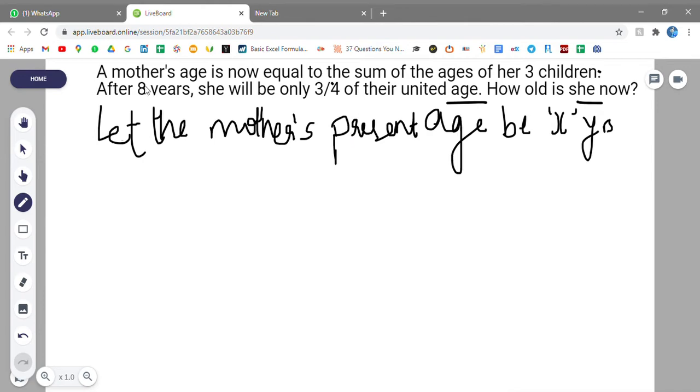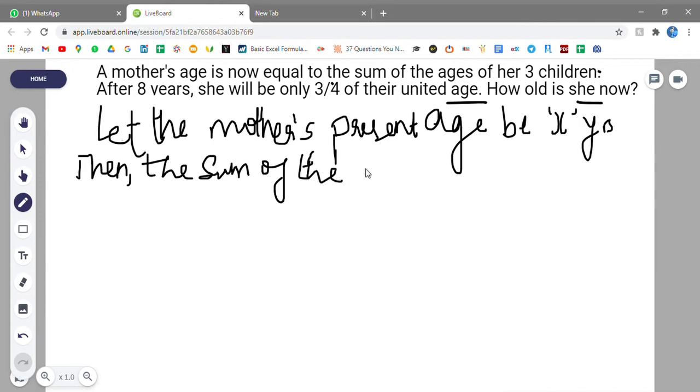Next, after this, let us understand the age of the three children. So what they have told, then the sum of the ages of her three children is also equal to the mother.